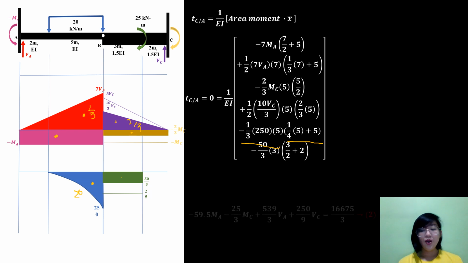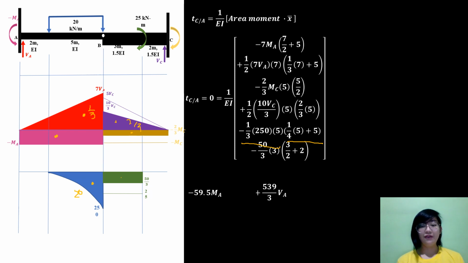Simplifying the equation, we will have this one. Negative 59.5 MA plus 539 over 3 VA, negative 25 over 3 MC plus 250 over 9 VC equals 16675 over 3. This is our second equation. And now let's go to the next.